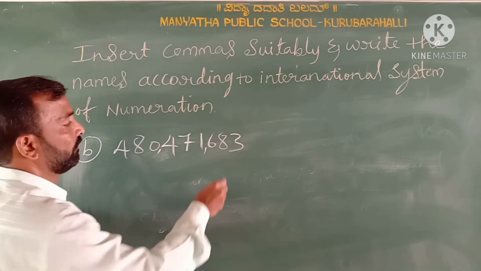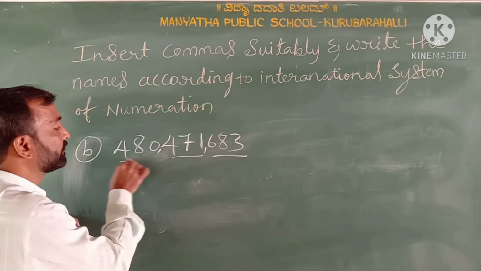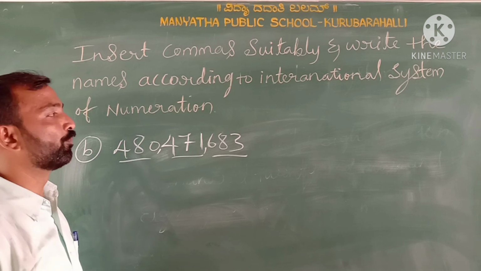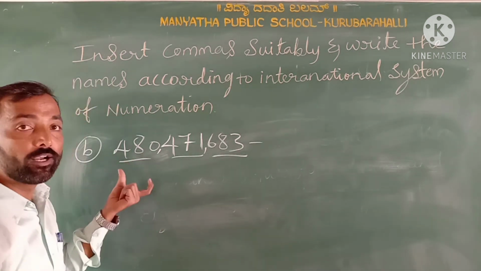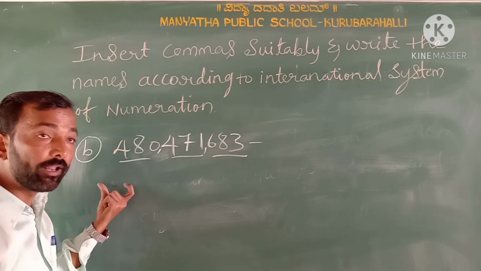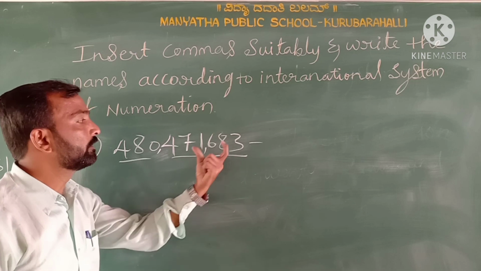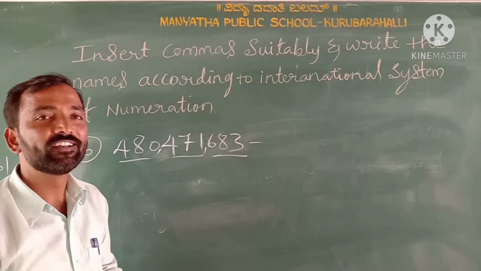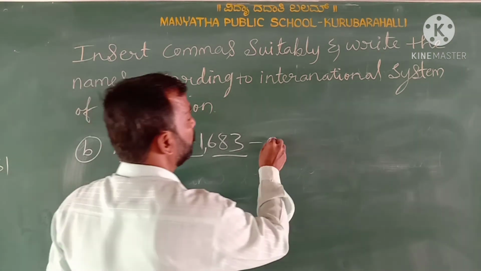See here. It is what? Units group. It is thousands group. It is yes millions group. See, now you write the answer. That is 480 million 471,683.